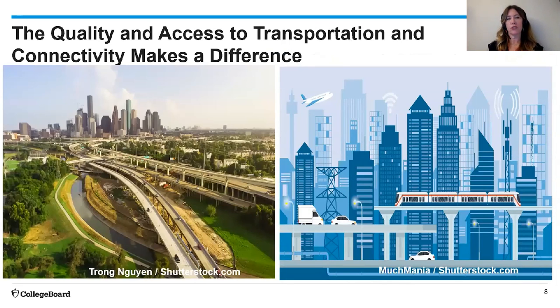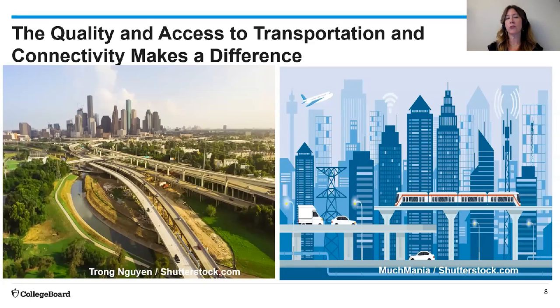If we look at these two images, one is of roadways and the other is all of the infrastructure in a city. We know that the quality and access to good transportation and to connectivity will really make a difference. So, for example, can you imagine if you had bad Wi-Fi connectivity? Maybe you do.